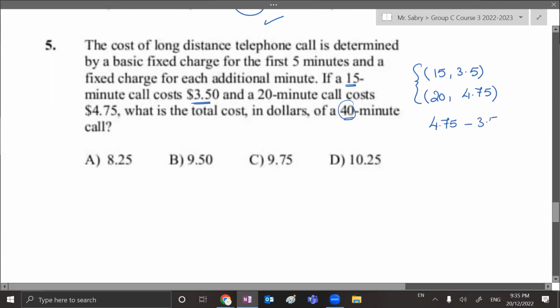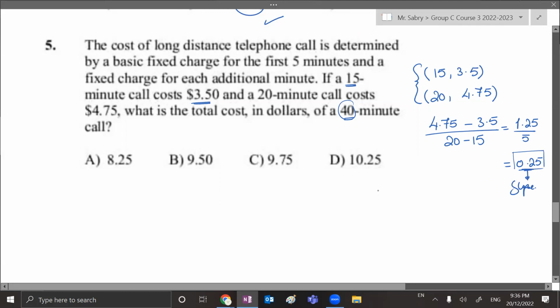minus 3.5, y2 minus y1, over x2 minus x1, which is 20 minus 15. That would get me 1.25 divided by 5, which means the answer would be 0.25. That's the slope. I can use this slope along with any of the given points to get the equation.